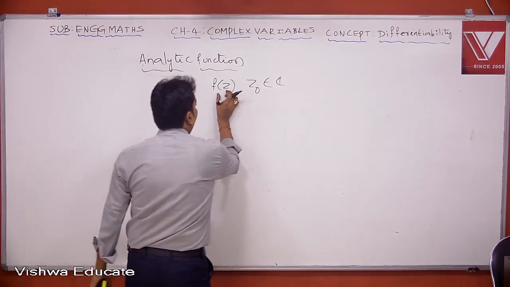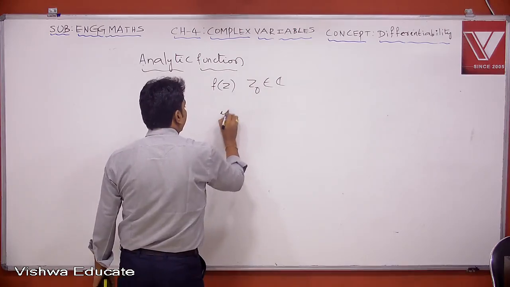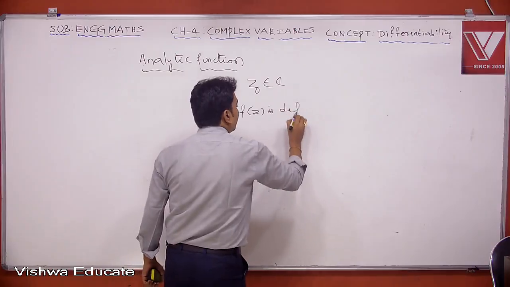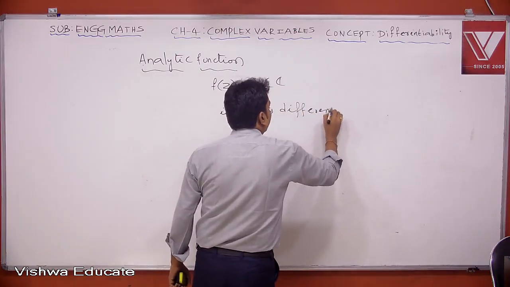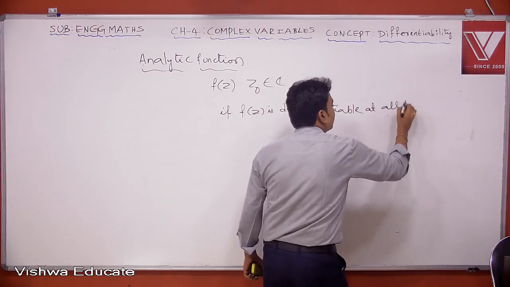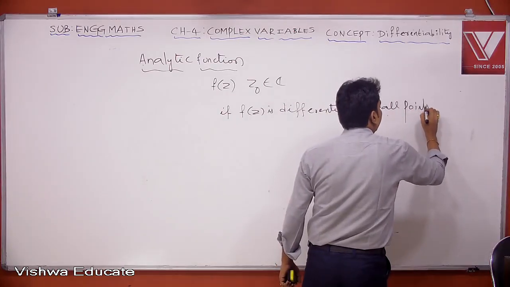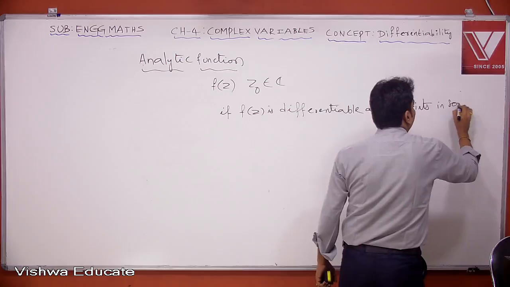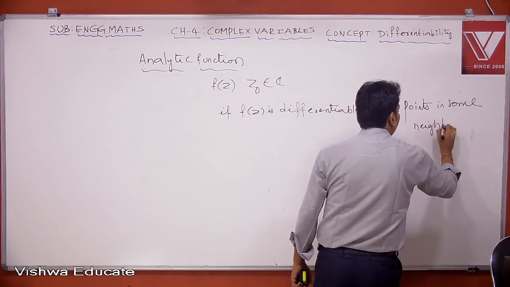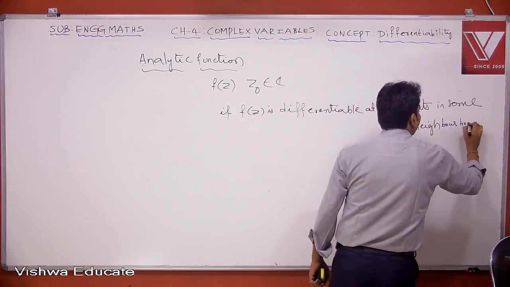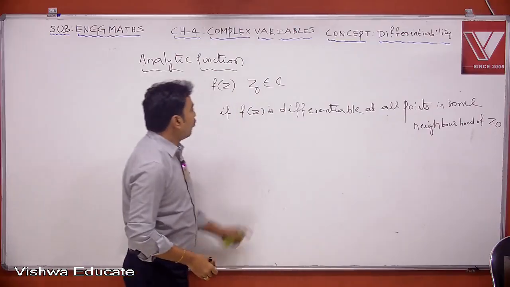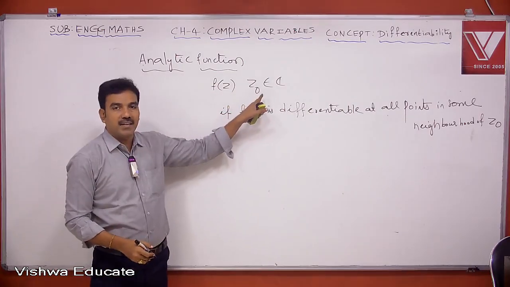We say that f(z) is analytic at this point if f(z) is differentiable at all points in some neighborhood of z0. So whenever this happens, we say that f(z) is analytic at the point z0.